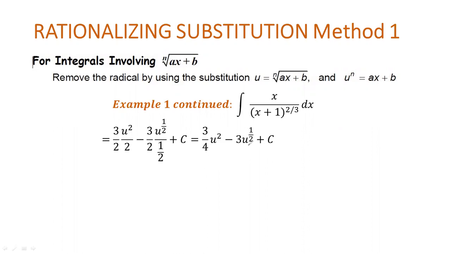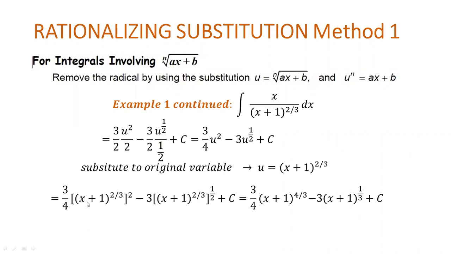So if it's done, this is your answer already. 3/4 u squared minus 3 raised to 1/2. You're ready to substitute for the u, x plus 1 raised to 2/3. So that's what is happening here in the next. So you have u to be changed to x plus 1 raised to 2/3, and this will be the corresponding line. U raised to 2, 3u raised to 1/2.